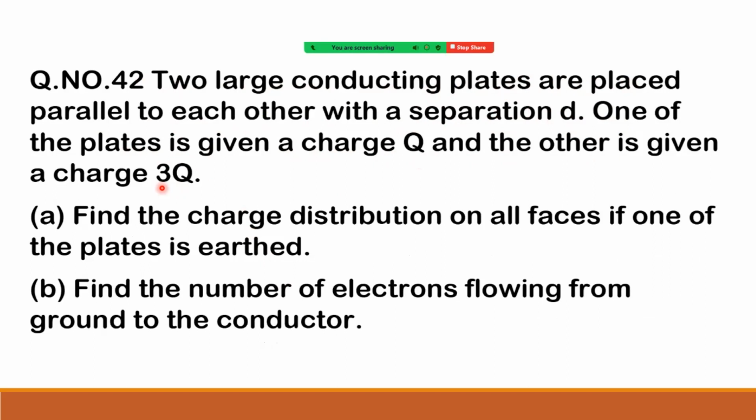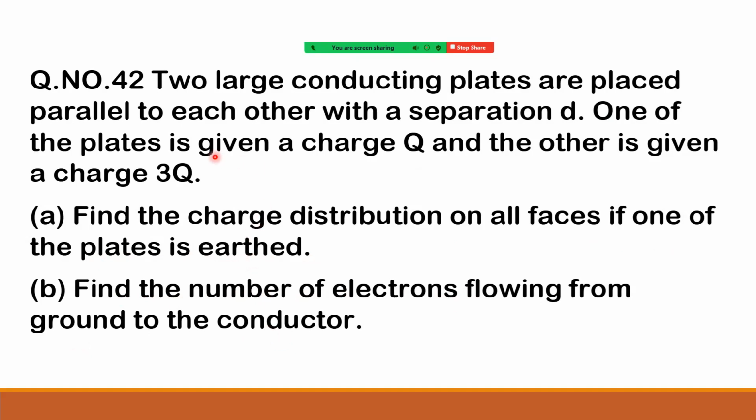This is the same as a previous question which we have discussed. Find the charge distribution on all faces if one of the plates is earthed. The only change is now one of the plates is earthed, right? Find the number of electrons flowing from ground to the conductor.